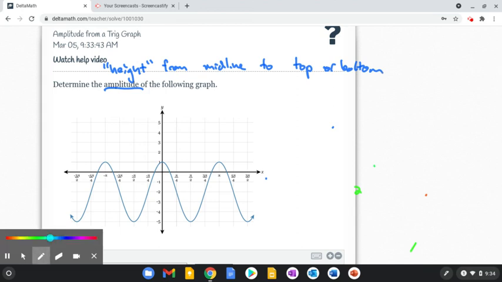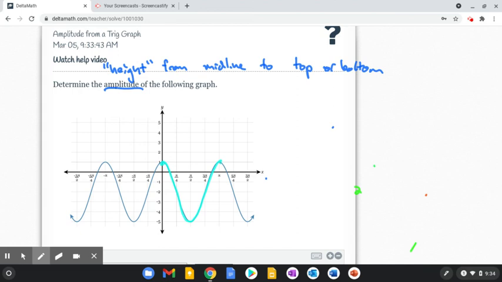So let's go ahead and identify the midline of this function. This function looks like the cosine function because it's starting up here, right? It doesn't start in the middle, it kind of starts at the top. So this would be the cosine function. And as I said, we need to find the midline of this function. This one's actually a little bit trickier to find the midline. You might not be able to visually see this one as well.